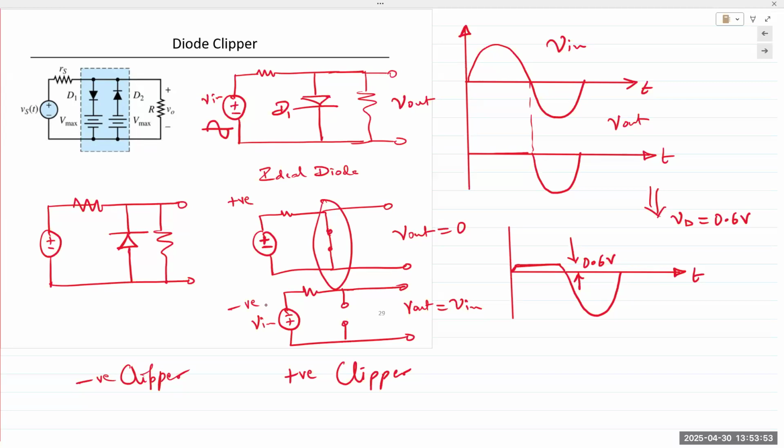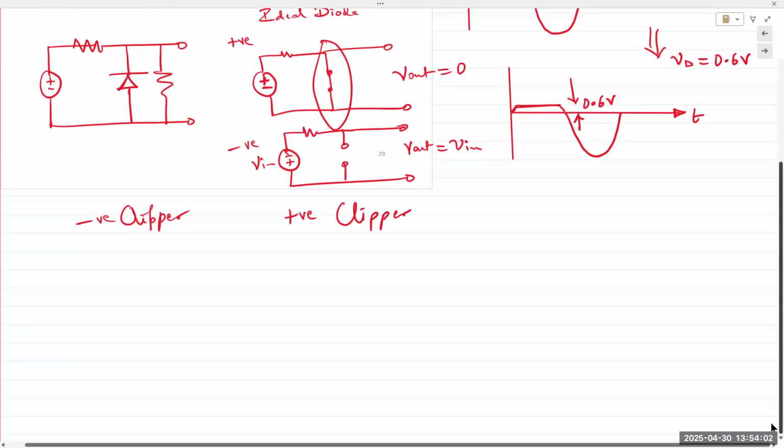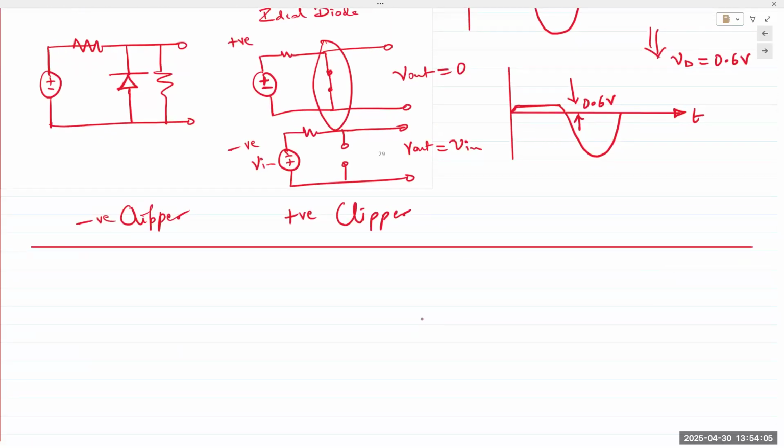Now, instead of 0.6 volts, you connect a battery as shown in this circuit. If you connect a battery or a DC voltage source, then the cathode of the diode is held at a higher potential. So depending on the value of this battery, let's say this battery was 1 volt, for instance, then the anode of the diode must be larger than 1 volt in order for that diode to turn on.